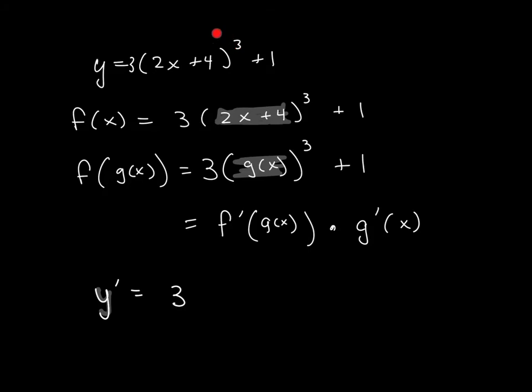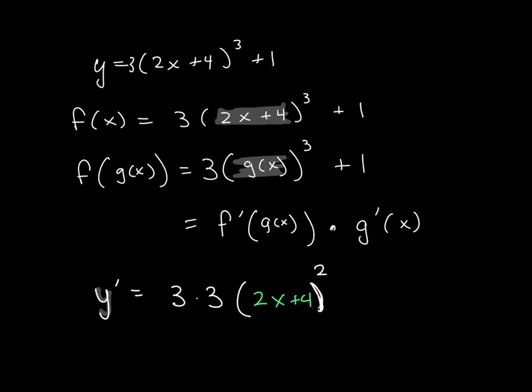Take the 3, multiply it times the 3 on the outside, times 3. Everything on the inside stays. That stays as g of x. It stays as 2x plus 4. Keep that the same. Subtract 1 from the exponent, that's 3 minus 1, or 2. And the derivative of your constant over here is just 1.